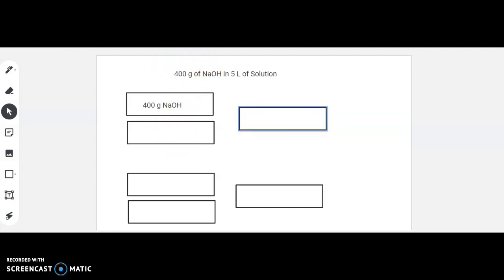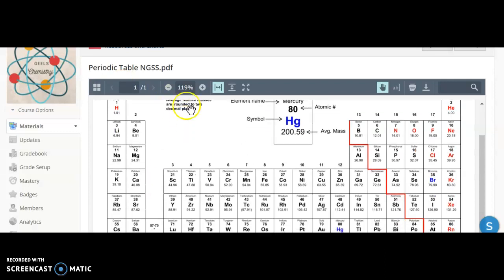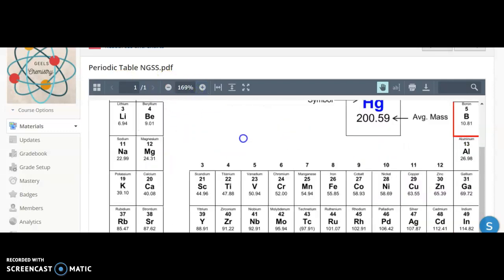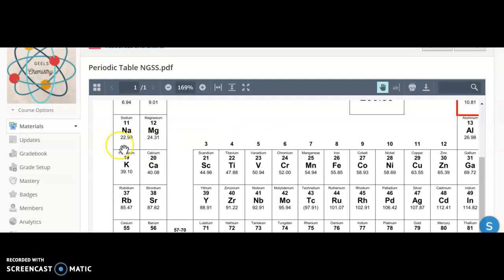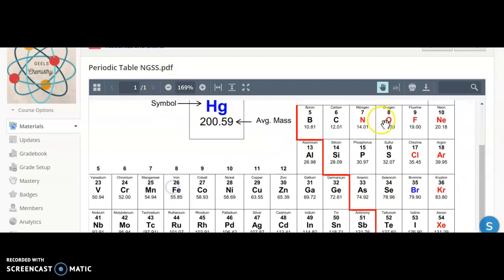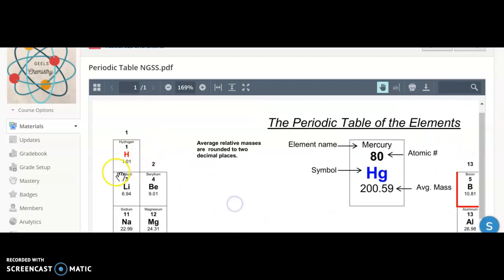For sodium, on our periodic table, if we zoom in here, we have 22.99. There's one of those. Hydroxide has one oxygen as well, so we're going to add 16 to that 22.99. And lastly, one hydrogen at 1.01. That comes out to an even 40 for the molar mass.